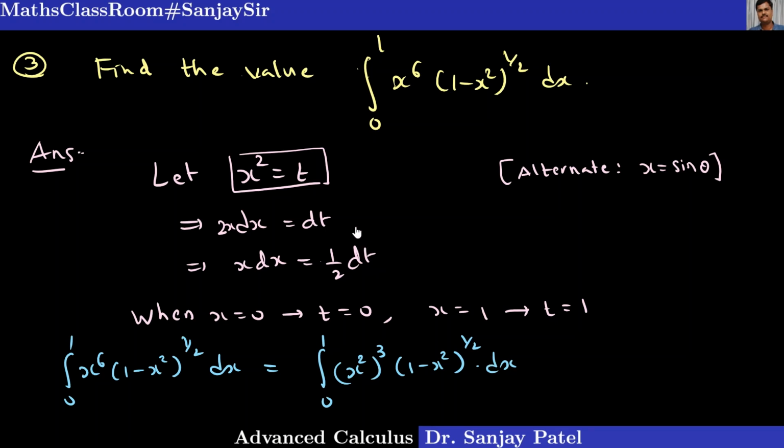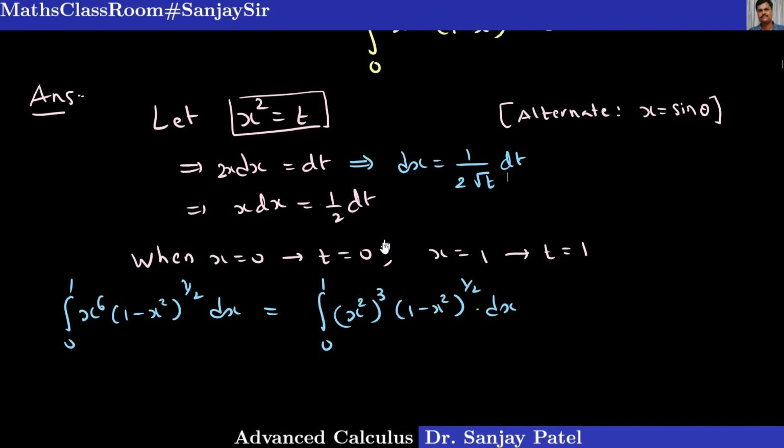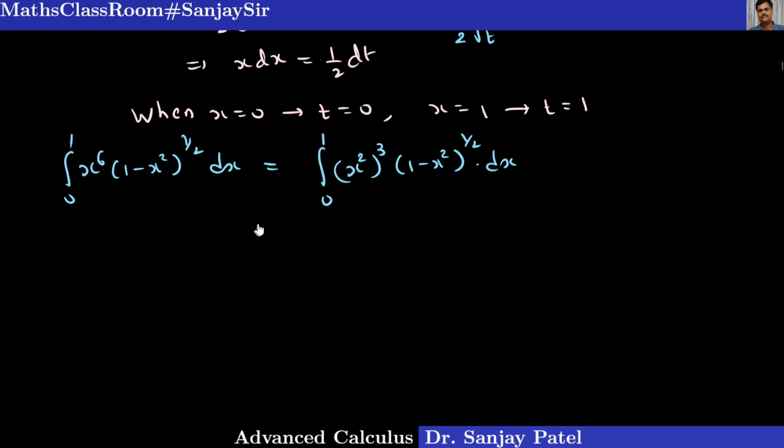Just remember that from this result I can write dx is equal to 1 upon 2x, and that x I can write as root t dt, because x square is equal to t, so x is equal to root t. Putting all these values in this integral, we'll get the integral from 0 to 1, and then x square is t, so t cube into (1 minus t) raised to 1 by 2 into 1 upon 2 root t dt.